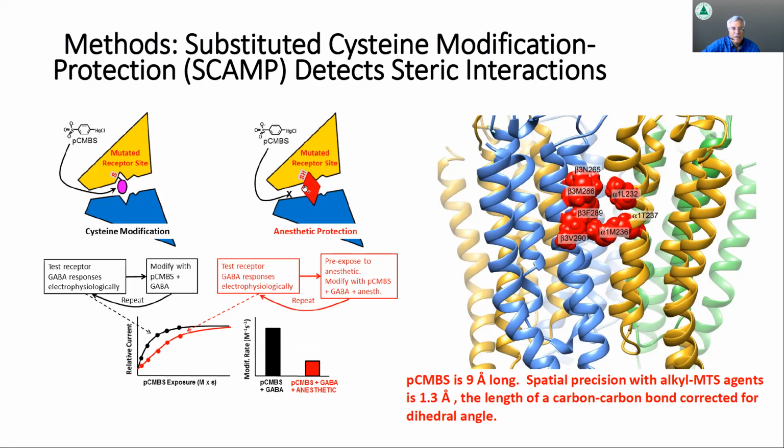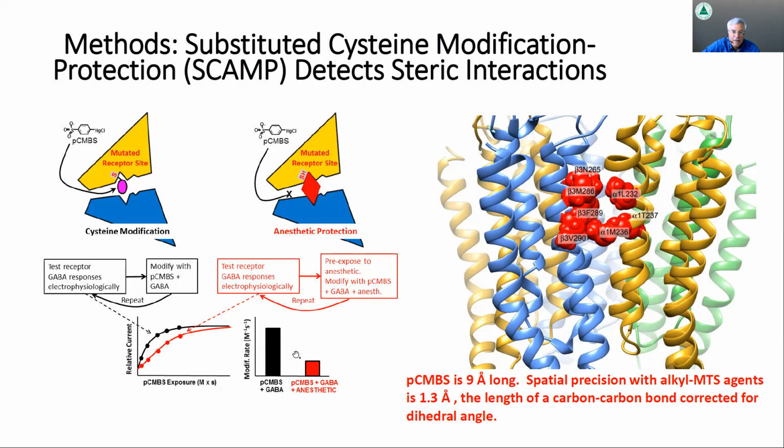The protection part of this assay begins when we first bind etomidate to the site, and if etomidate is bound sufficiently strongly, it will prevent PCMBS from reaching the sulfhydryl and causing this reaction, thereby reducing the rate at which the covalent bonds and the functional effects of that change occur.